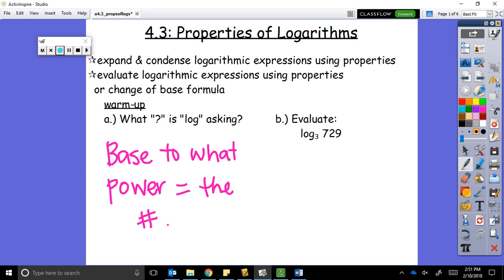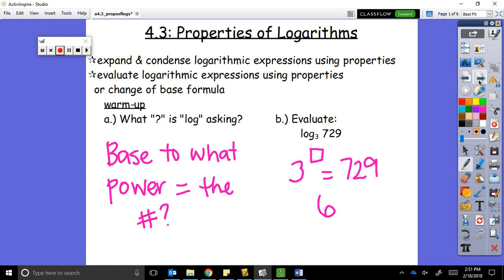Okay, that's what you're asking. The base to what power equals our number. So here, if we're looking at part B, the question we're asking is 3 to what power is 729? So 3 to what power is 729? And that is 3 to the 6th power.